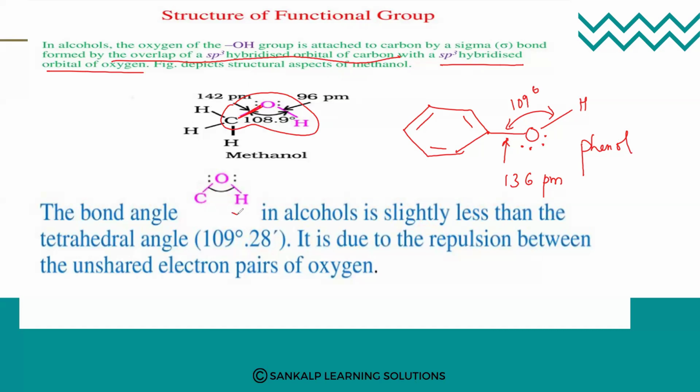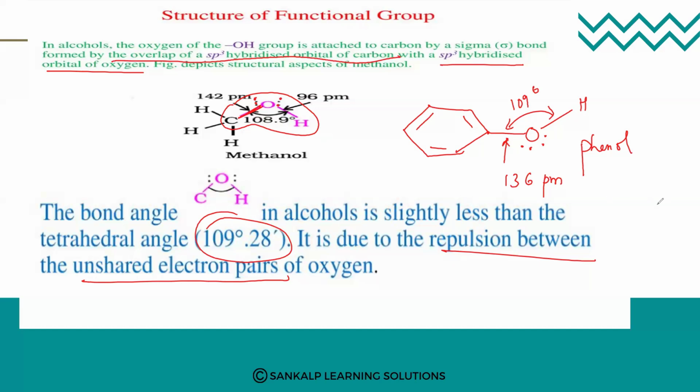What is the tetrahedral angle? It is 109 degrees 28 minutes. Why is it less? Because of the repulsion between the unshared pairs of electrons, as there are two unshared pairs of electrons on the oxygen atom.